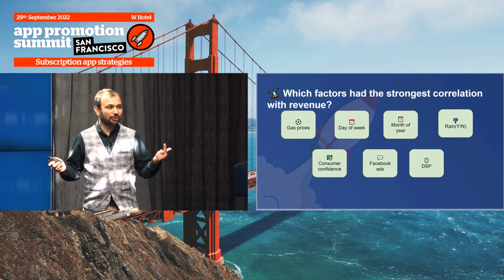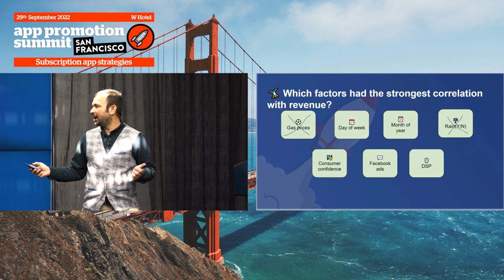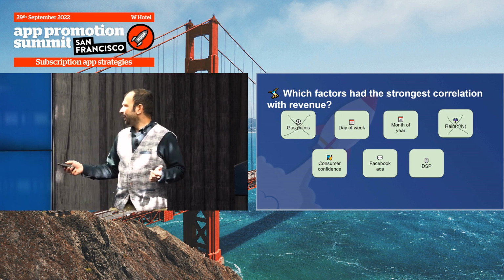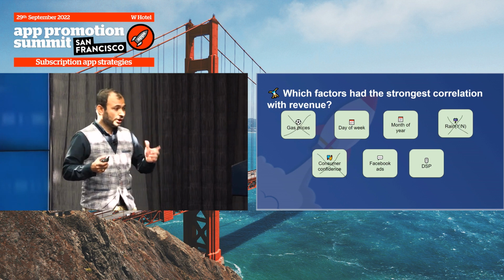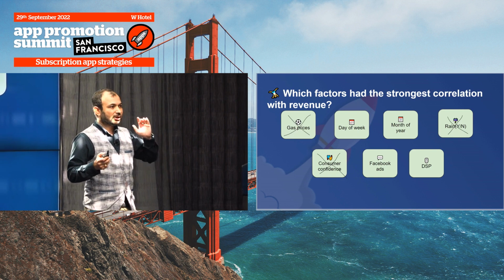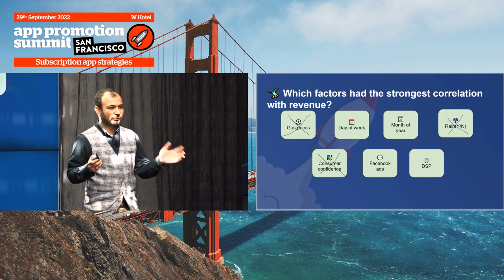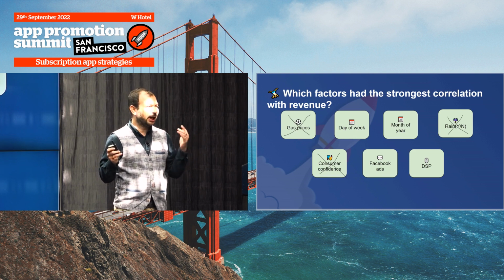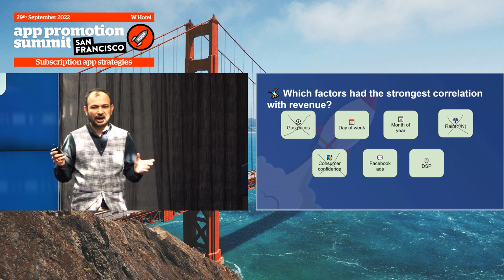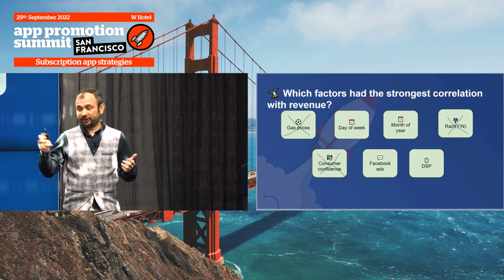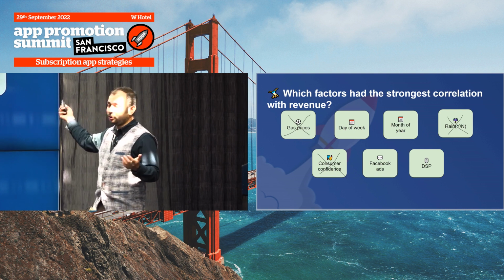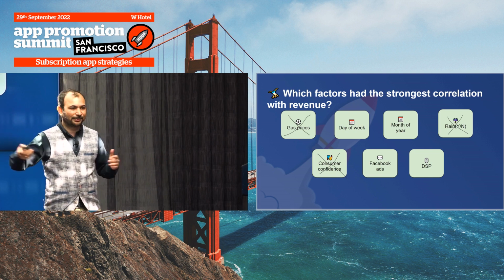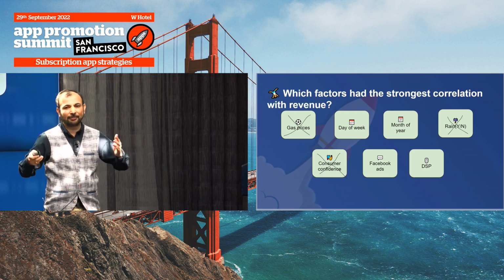Well, the good news is if you're a mobile app, you don't need to track a lot of these things, because especially if you're a subscription app, the big conversion signal happens within 24 hours, which in nearly every subscription app is the free trial. If you're a weather app, maybe you want to look at the rain. If you're a traffic app, you want to look at gas prices.